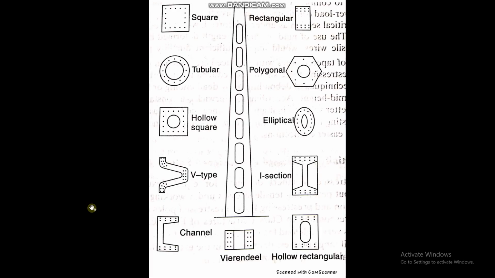In this diagram, this is a sample prestressed pole. The cross section can vary based on the preference of the designer. It can be square, rectangular, polygonal, tubular, whichever the ground situation favors.